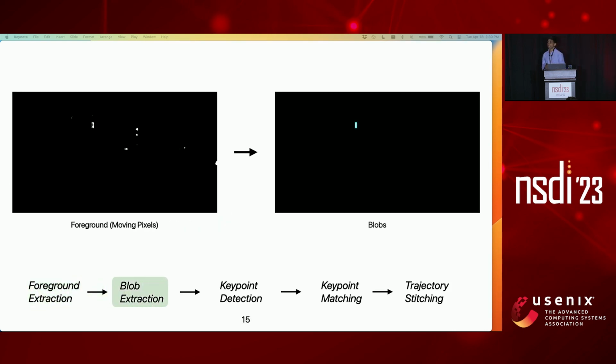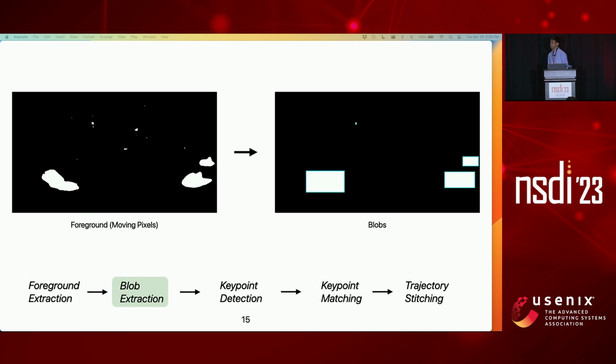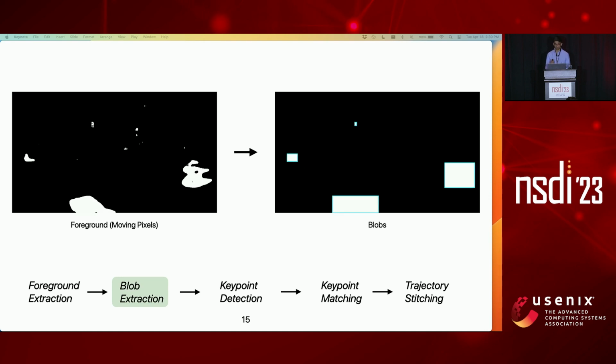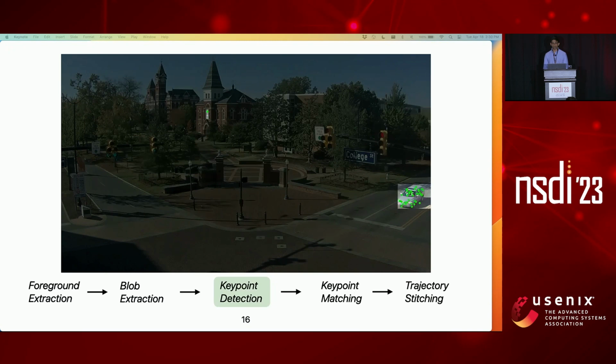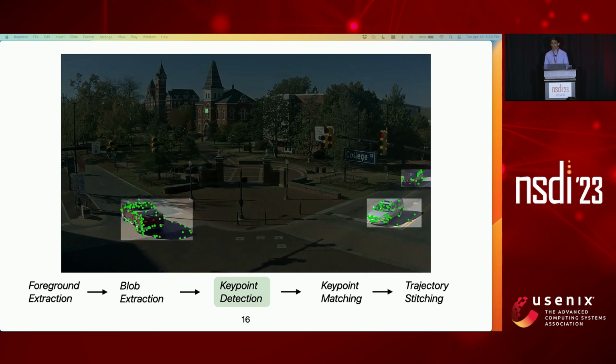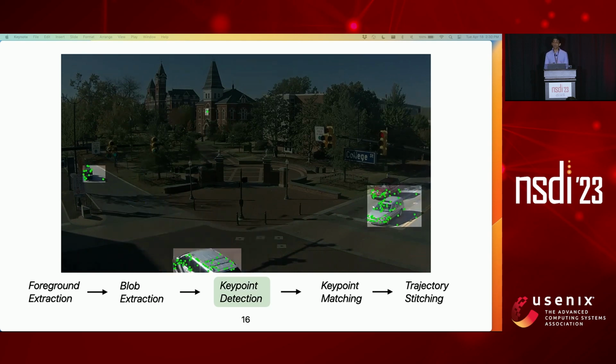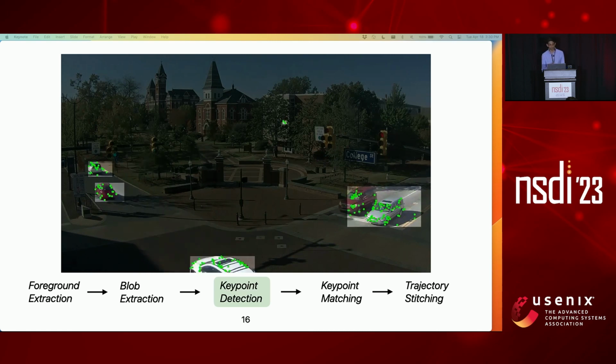We then apply a series of morphological operations and connected component analysis to extract bounding boxes from the foreground. We call these potential objects blobs. Then for each blob, we extract key points, which are essentially unique pixels of interest, say on the edge of a windshield or on the tires of a car. And each of these key points come with descriptors that describe the content around each of the pixels.